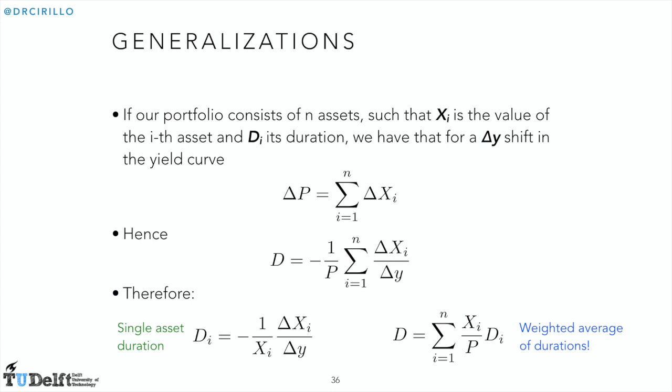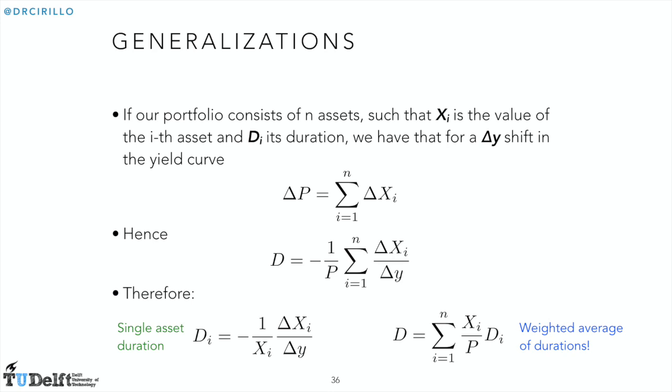So what I can do, I can apply the duration definition again, and what I have is that D is now equal to minus 1 over P, the sum of the sensitivities of the different assets with respect to the change in the yield. Okay, what I'm doing is just substituting delta P in this formula and collecting the terms. Okay, nothing more, nothing less.